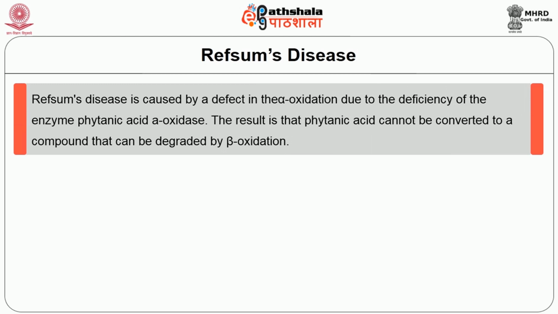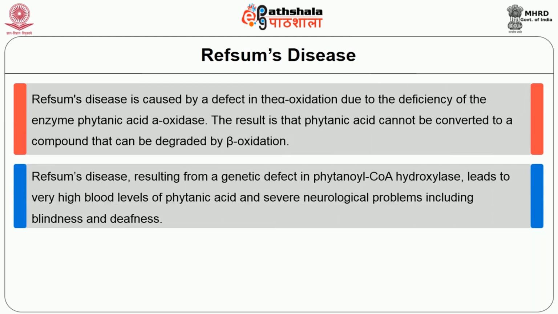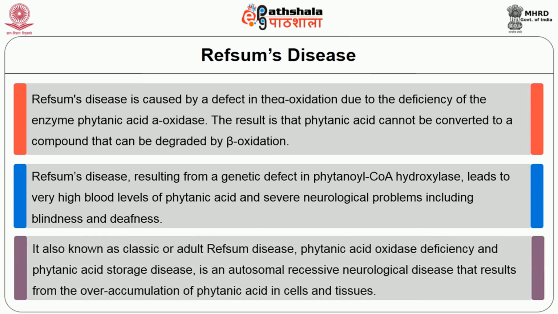The patients should not consume diets containing chlorophyll, that is green leafy vegetables. So, Refsum's disease results from a genetic defect in phytanoyl-CoA hydroxylase, which leads to very high blood levels of phytanic acid and severe neurological problems including blindness and deafness. It is also known as classic or adult Refsum disease.